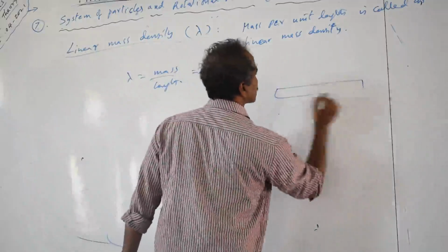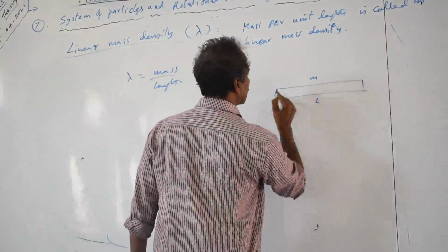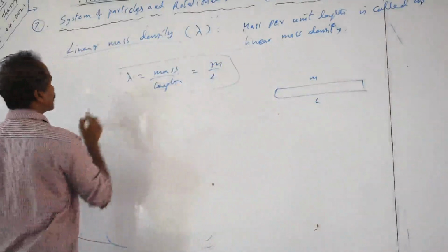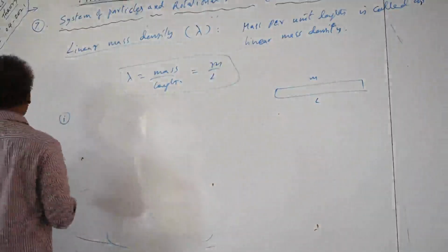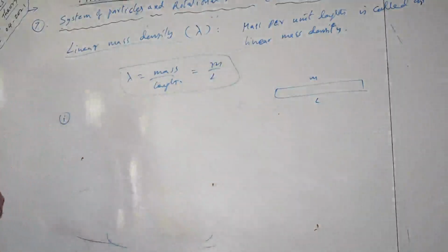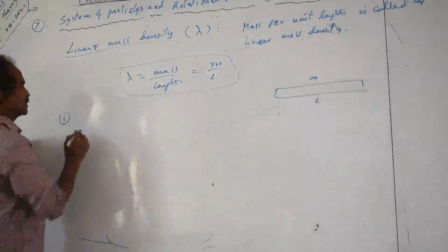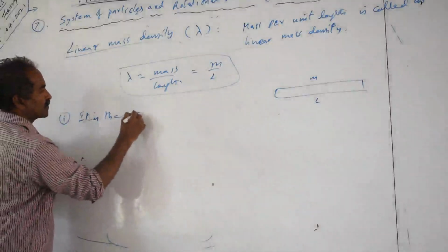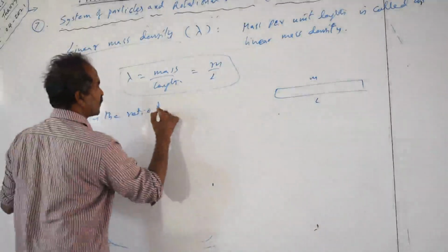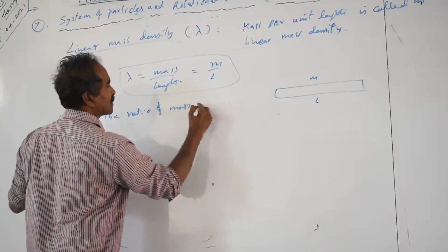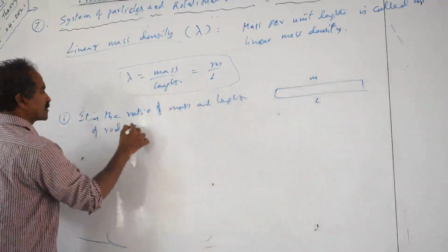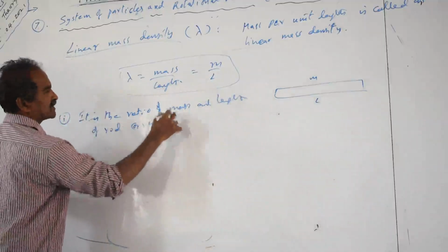M is the mass and l is the length if you take a rod like that. Wires, rods, we take this relationship. It is the ratio of mass and length of a rod or wire or thread, string, like that.